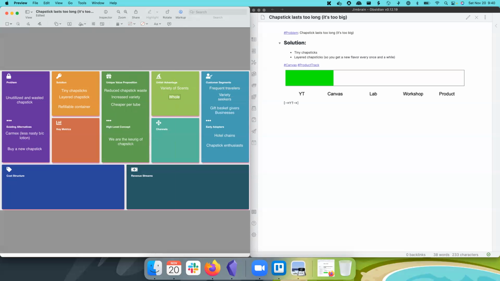Which is fine. Honestly, I think this lean canvas is a little bit startup focused. You have to scale. I don't think this would scale. No, this would be a lifestyle business, which is fine.